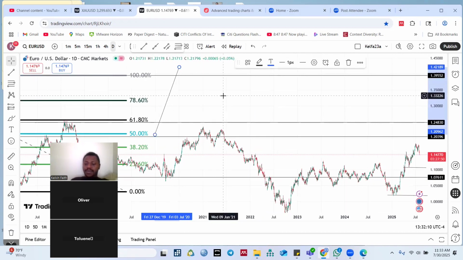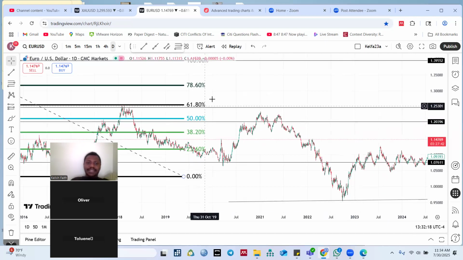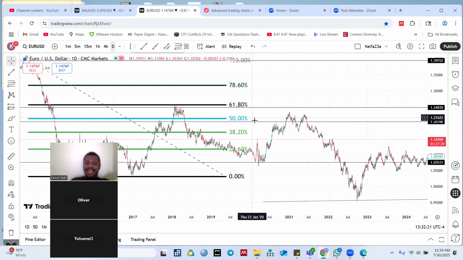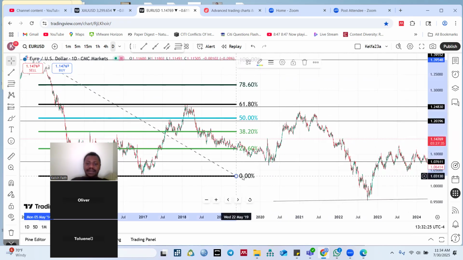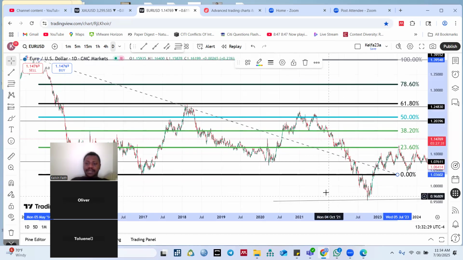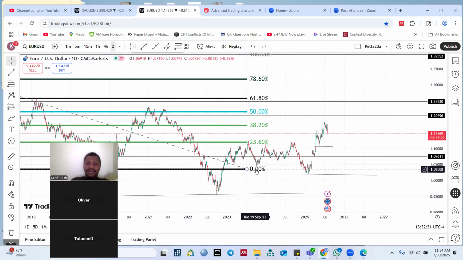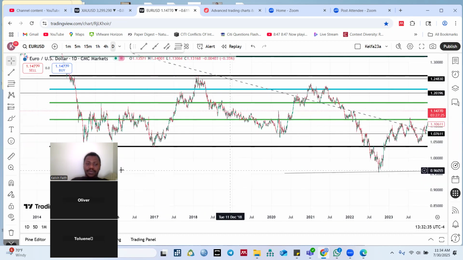So let me put that aside. So now we have the equilibrium zone. Let's see the entire chart. Let's look at how price has been working anytime it gets to the premium zone or close to the equilibrium.